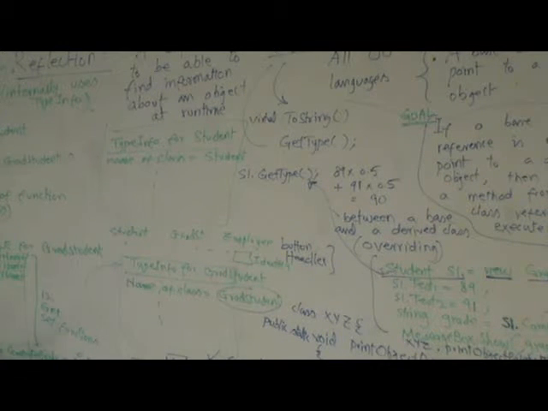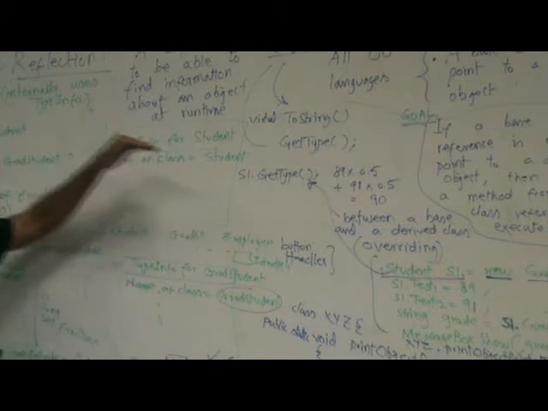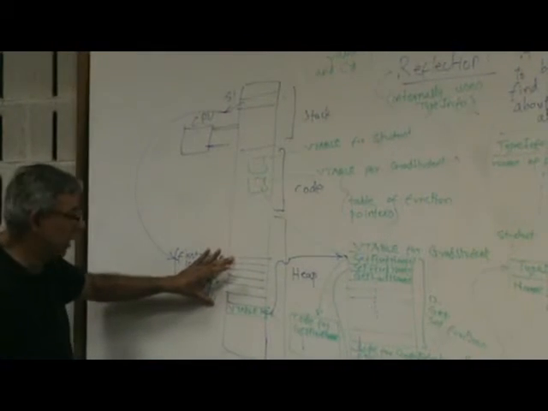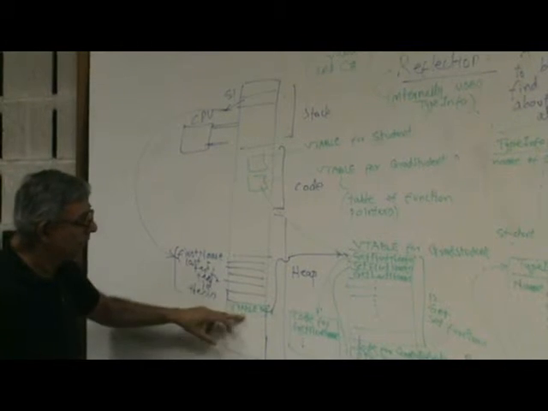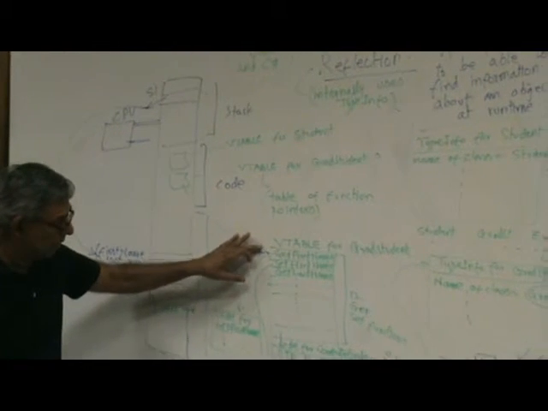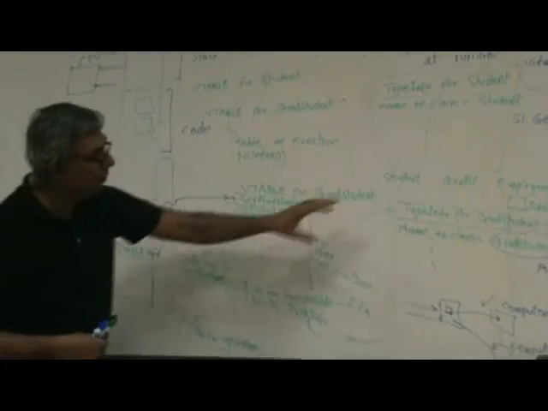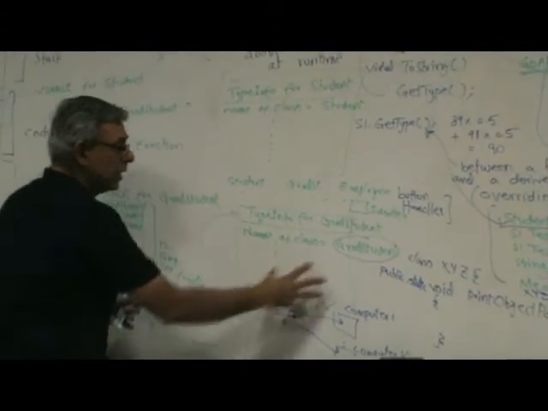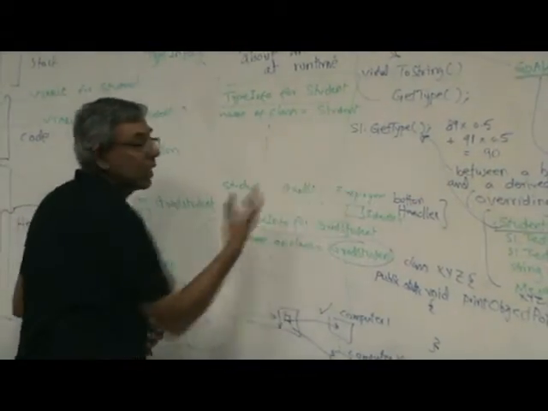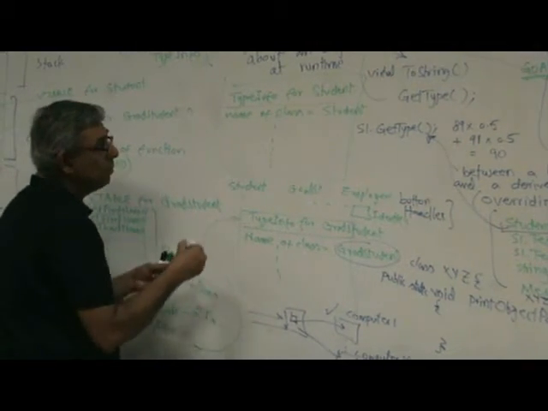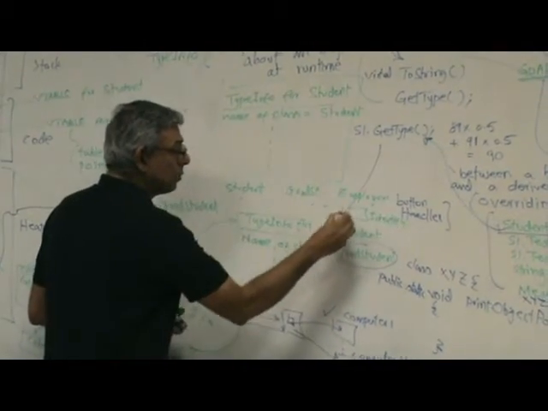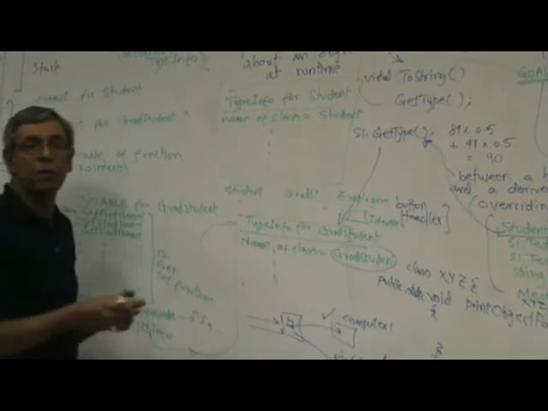So what will s1.getType do? Start from here, go over here, then what? vtable, then what? Type info, and whatever this name is one part of the GetType. But GetType essentially will point to this part over here, the type info.